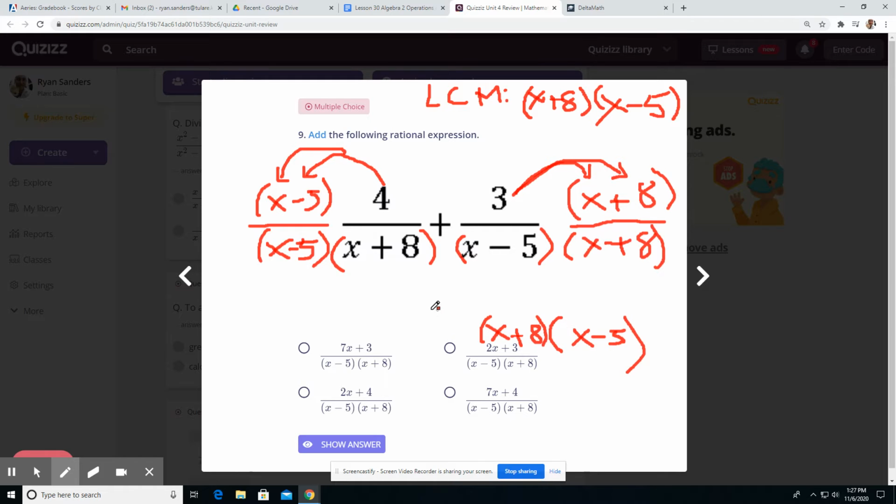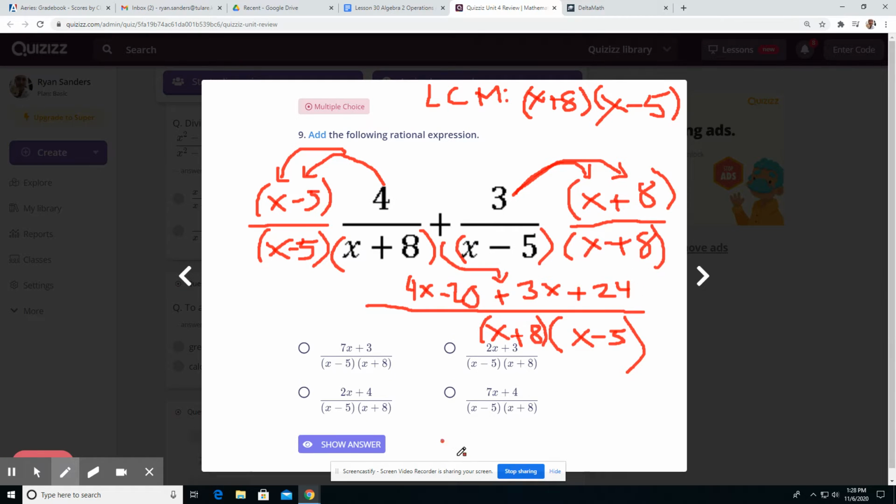And then just be careful about the order. All of this is on top now, all right? So this left side has to be first, so that's 4x, and that's minus 20. Notice how the arrows really help. This is the same plus sign, and then this is a 3x and a plus 24.